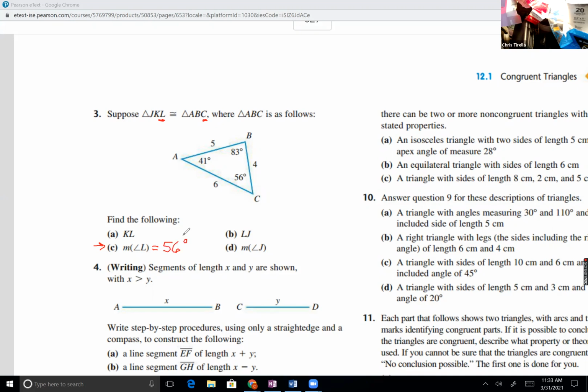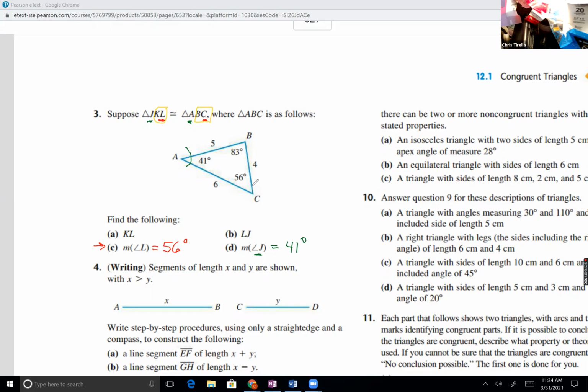Then if I look at angle J, well, J is the first one in the name, so it's got to be equal to the first one in the other name. So angle J is congruent to angle A, which is 41 degrees. And in the same way, side KL would have to correspond to side BC.